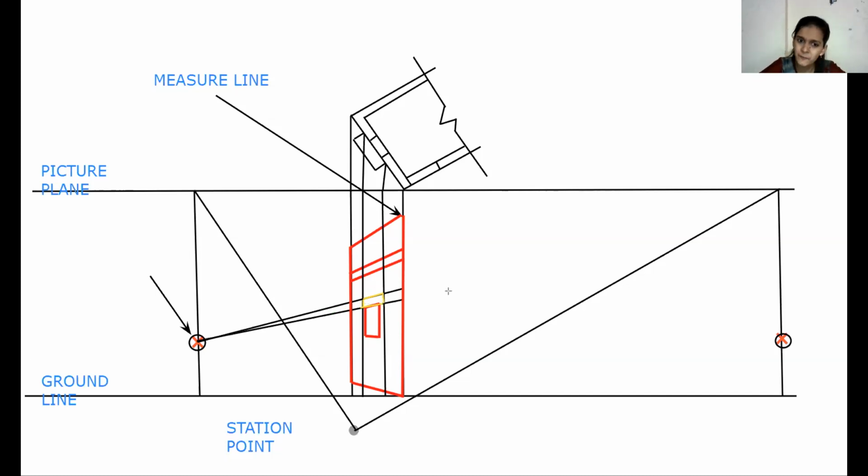Now it's time to draw the front side rectangle. For that, we need to use the 4 points of the chhajjas, meaning these 2 points. Now connect these 2 points to the station point and draw a vertical projection from that.